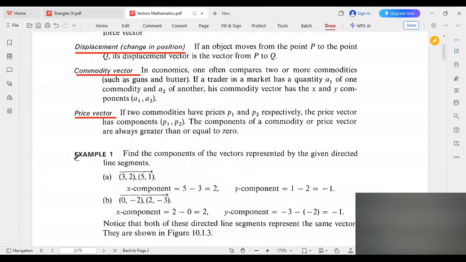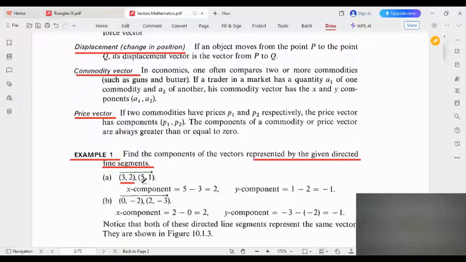Let's see the example. Find the components of the vectors represented by the given directed line segments. The x component will be 5 minus 3 equal to 2, and the y component equals 1 minus 2 equal to minus 1.